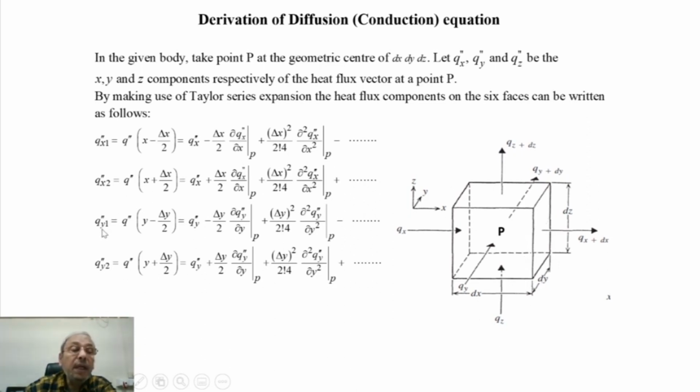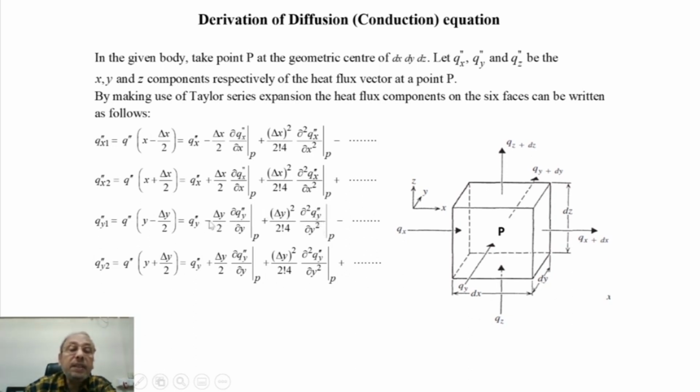Now in a similar way, qy1 double prime, which is on the front surface and which is delta y by 2 behind the point P, is q double prime y minus delta y by 2, and that is qy double prime minus delta y by 2 into del y of qy double prime plus delta y by 2 square divided by factorial 2 del 2 del y2 qy double prime.